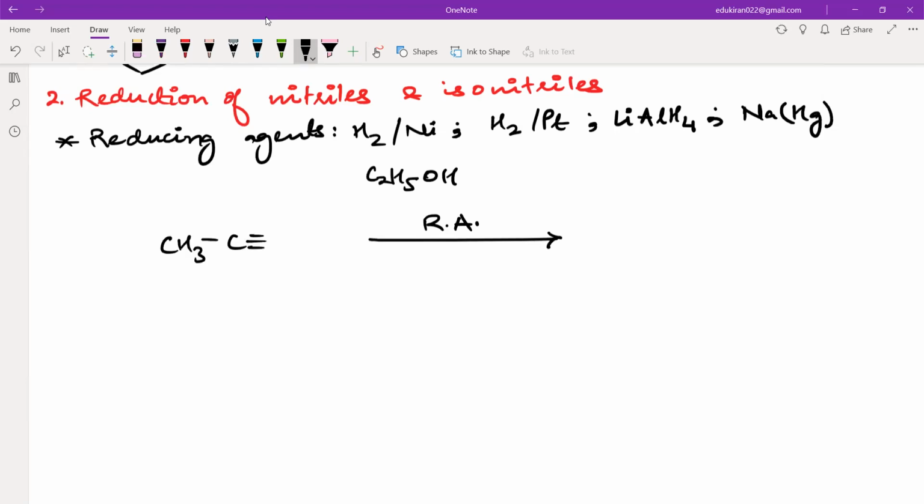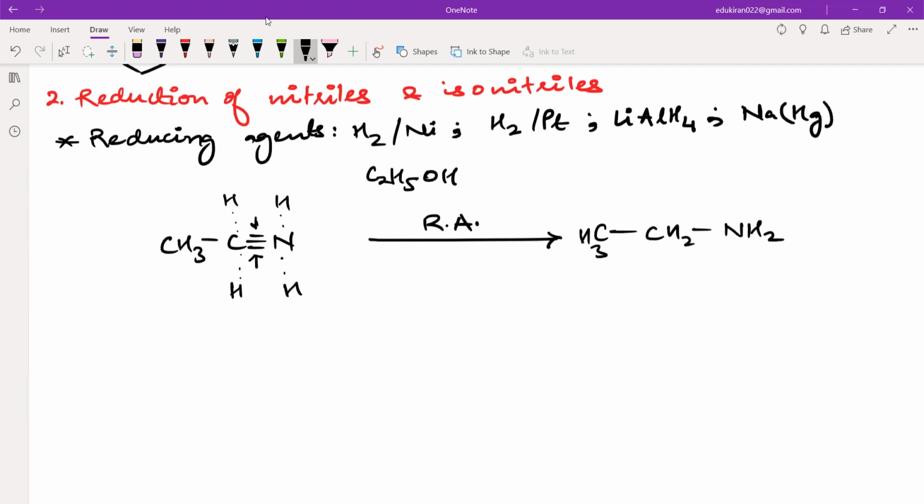Both of these pi bonds are going to break, and 2 hydrogens attach to the carbon and 2 hydrogens to the nitrogen. So 4 hydrogens are consumed for the conversion of nitrile to amine. We'll have CH3CH2NH2. A simple reaction.